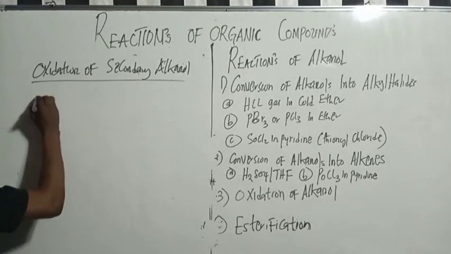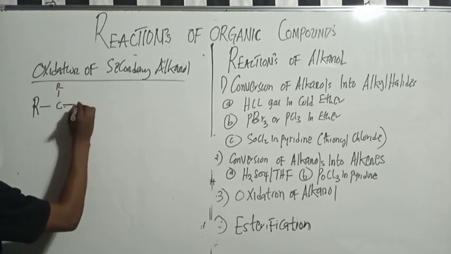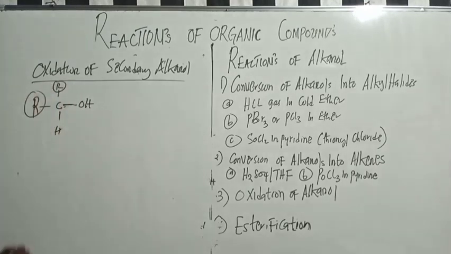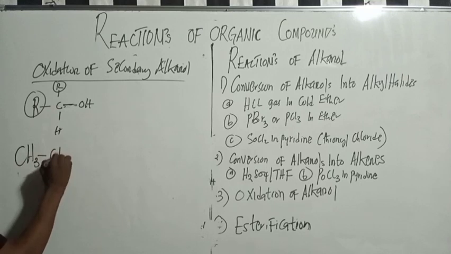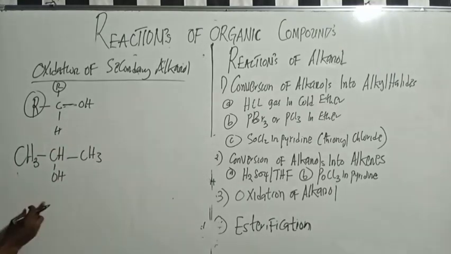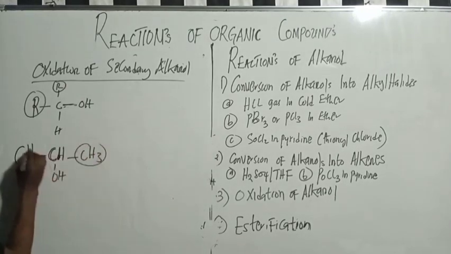Remember when I told you, a secondary alkanol is when you have a carbon atom carrying OH with two alkyl groups. A good example is CH3CH(OH)CH3. This is called a secondary alkanol because the carbon carrying OH has two alkyl groups.